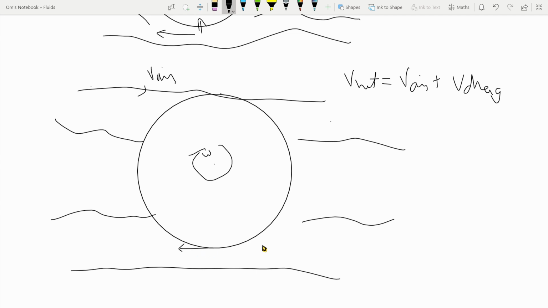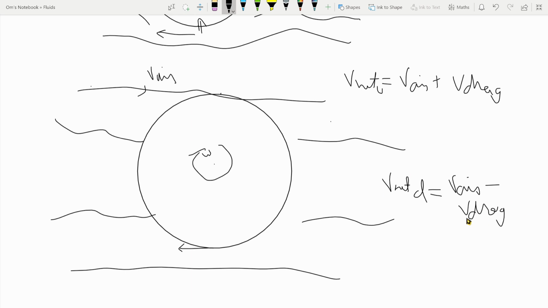So it's going to try and reduce the velocity of the air. So at this point, I'm going to let this point be v net up, and below it is going to be v net down. So v net down is going to be equal to v air minus some arbitrary v drag. We don't know what that is.